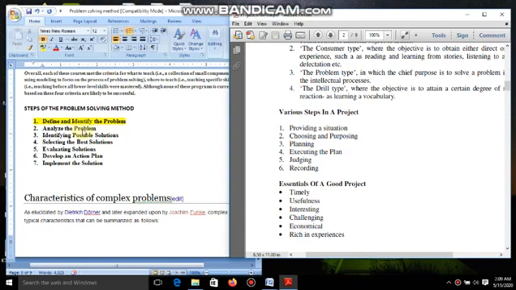You have to analyze that. Here, in the case of the project method, once you get the situation, your next task is choosing and purposing why you are in that particular situation and what you are going to do.